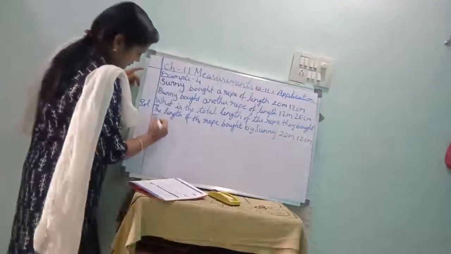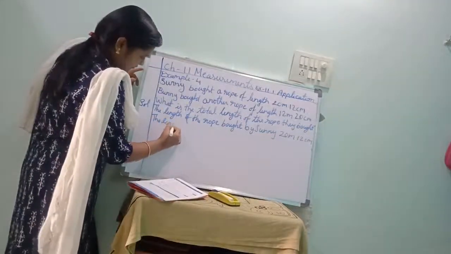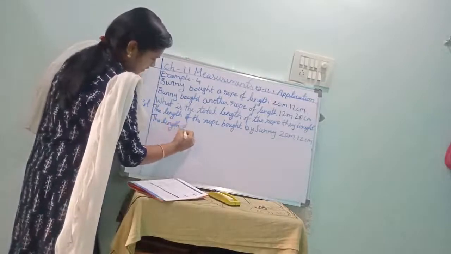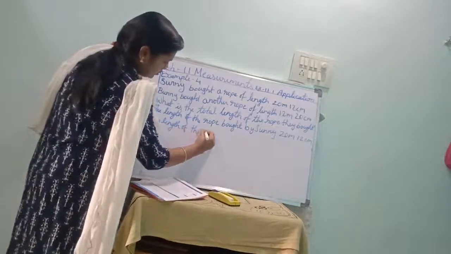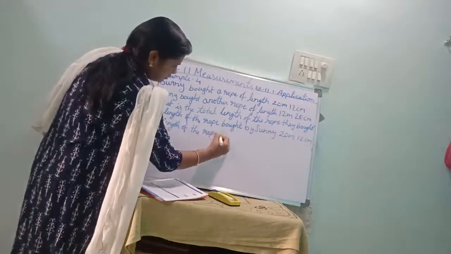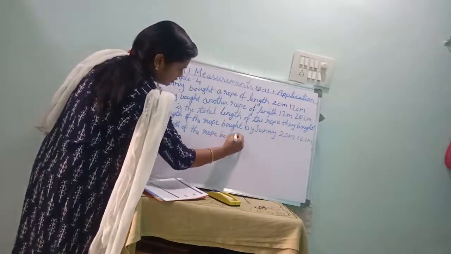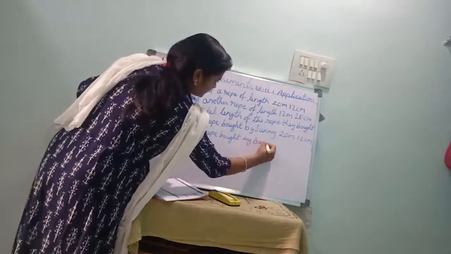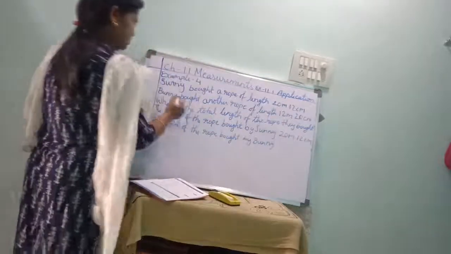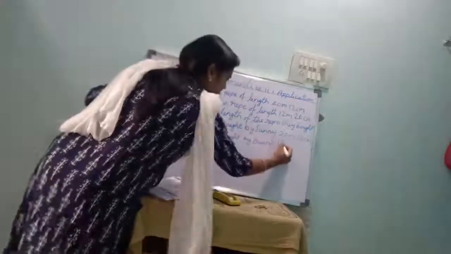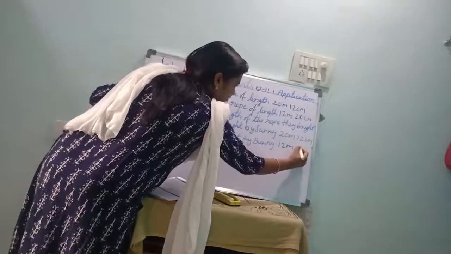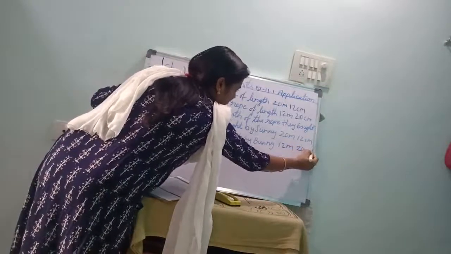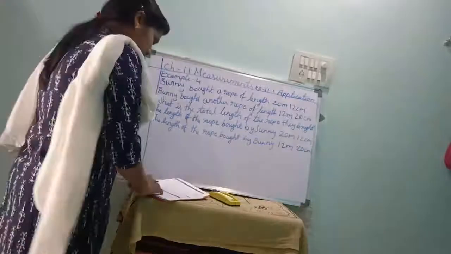Next, the length of the rope bought by Bunny: 12 meters 20 centimeters. Then what you have to do?